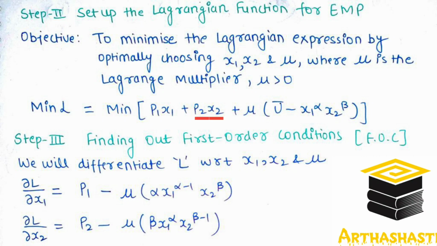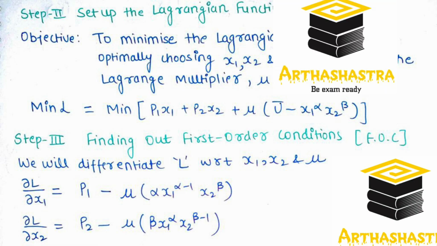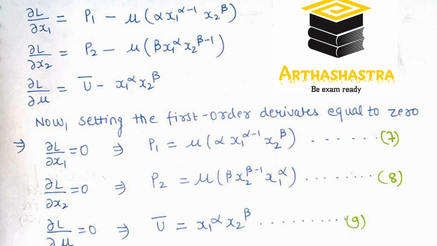Differentiation of p2 x2 with respect to x1 will become 0, and differentiation of u bar will become 0, minus x1 raised to the power alpha, which is the utility function. We have already differentiated our utility function with respect to x1 and x2, so the same term will come here. Again, now setting the first order derivatives equal to 0, we will get equations 7, 8 and 9. These equations are again very important, so we will mark them.